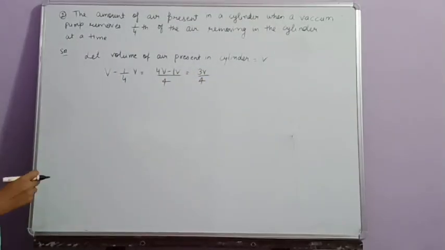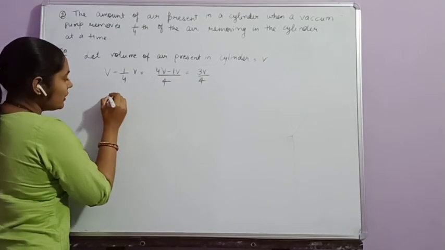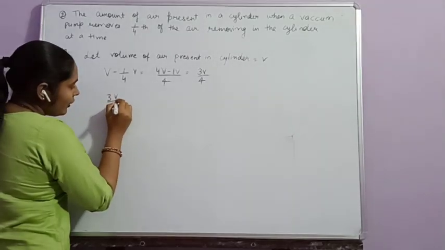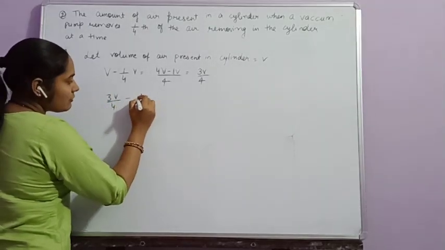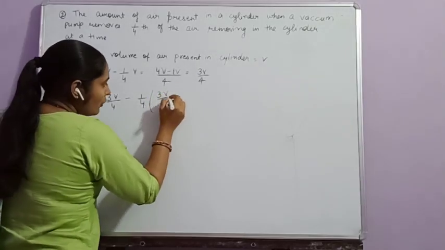Similarly, next time 1/4 part of that volume will be removed. It means 3V by 4 minus its 1/4 part, that is equal to 1/4 part of 3V by 4.